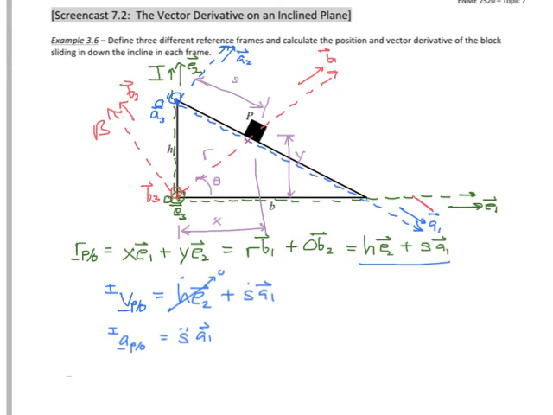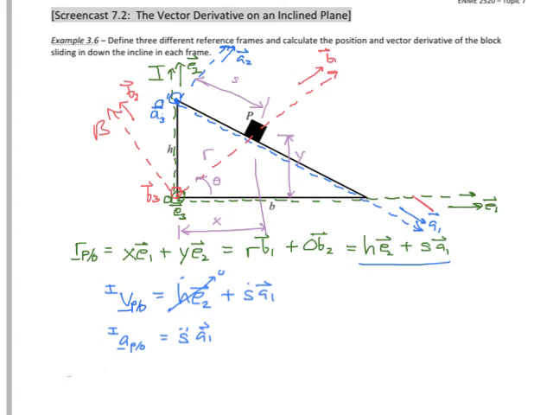Now you can see these are very simple expressions for both the velocity and the acceleration of P with respect to O as observed in the inertial reference frame. These were made possible by two things. The first is that the basis A1, A2, and A3 is in the A reference frame, which is an inertial reference frame, and so we were able to use these time derivatives, and they went to 0, just like the E1, E2, and E3 time derivatives did.